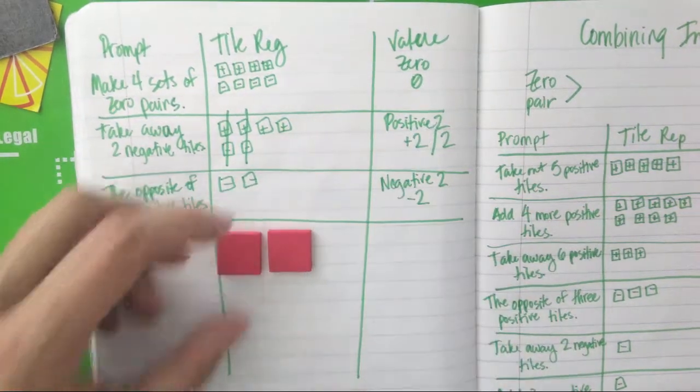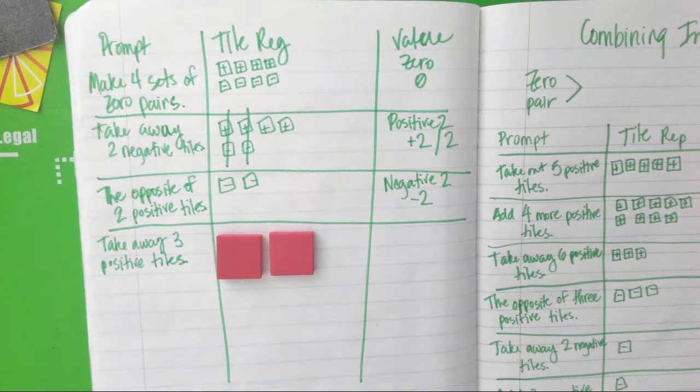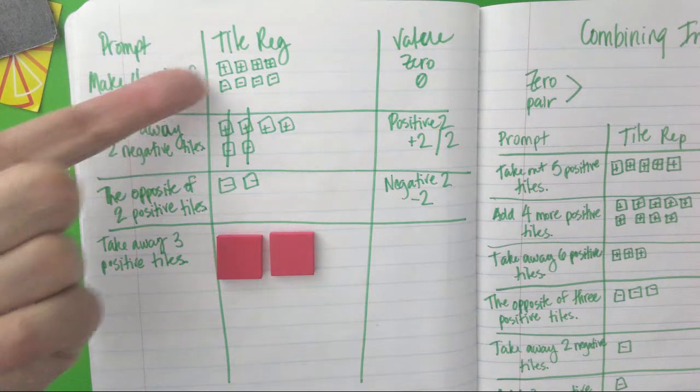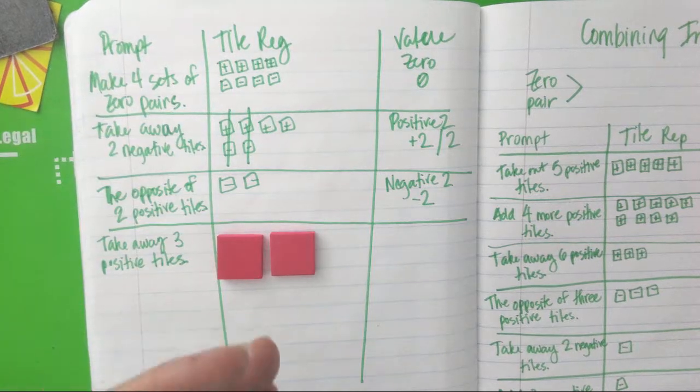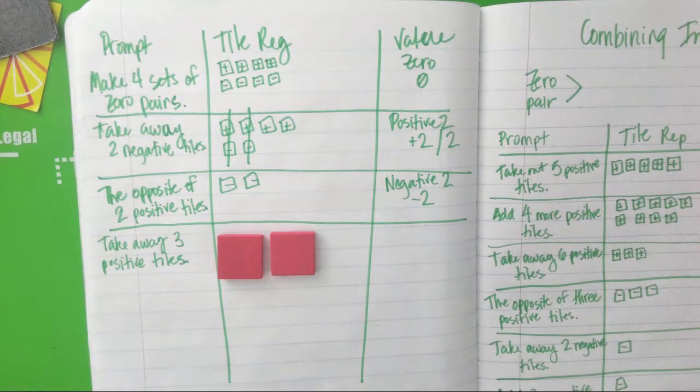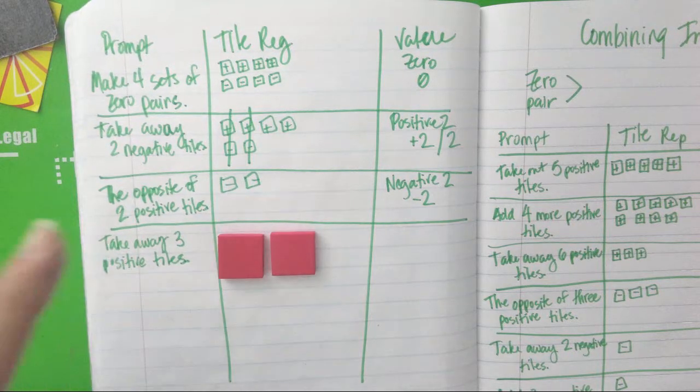Now you may be saying, I don't have any positive tiles, Miss Hahn. How am I going to take away 3 positive tiles? We just learned that I can make sets of 0, right? So what can I add to my 2 negative tiles that would still give me negative 2? Well, think about it. I've got 2 negative tiles, and I have to take away 3 positive tiles, right?